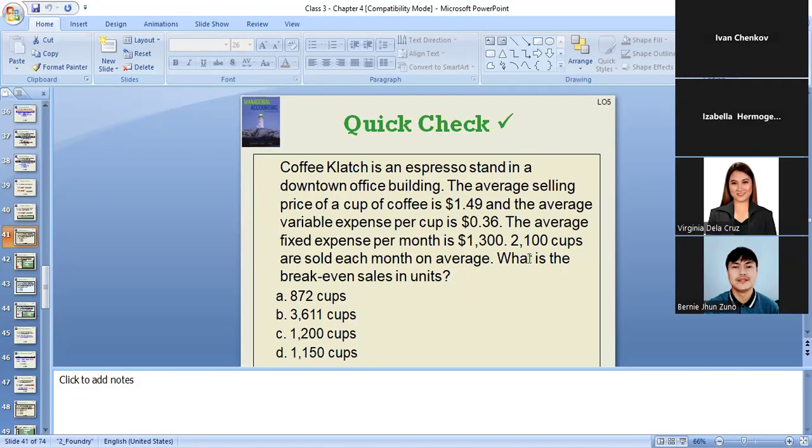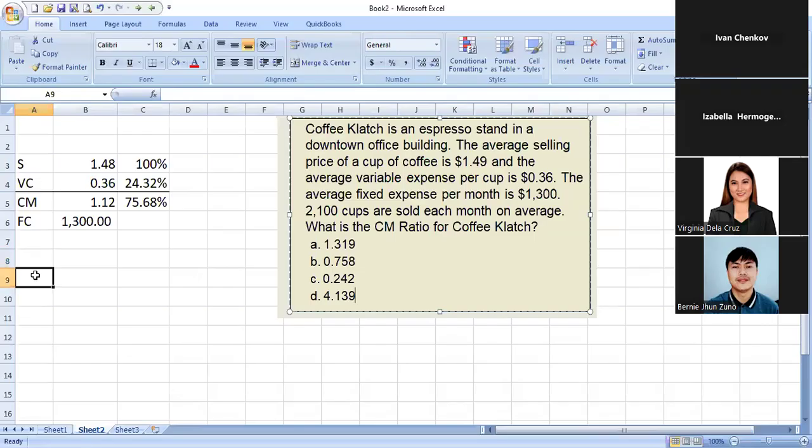Now, in our case here, what will be the break-even in units of sales? If we go back to our formula, we know our fixed cost is equal to $1,300.